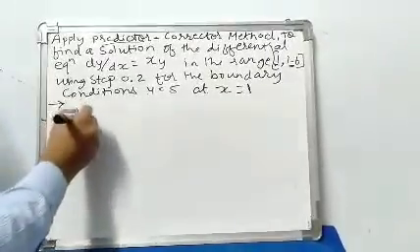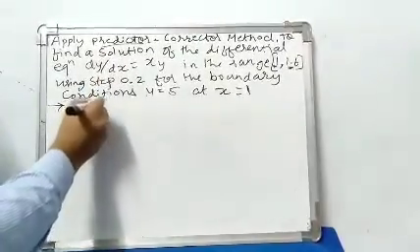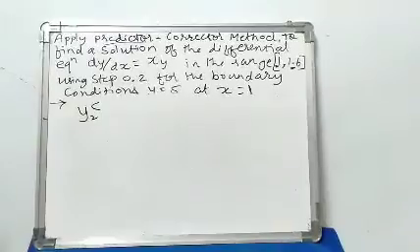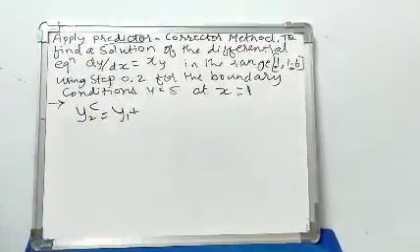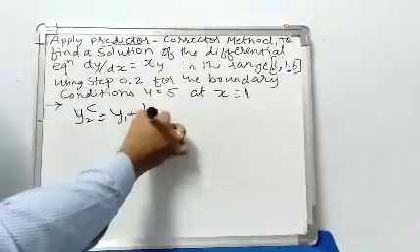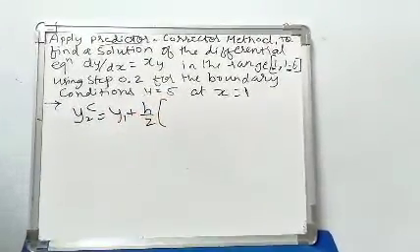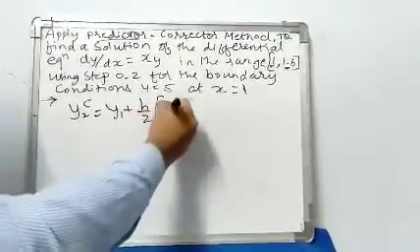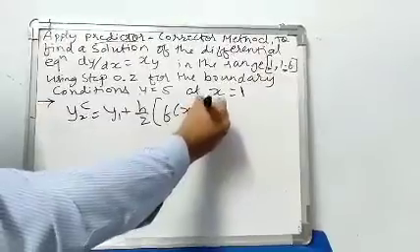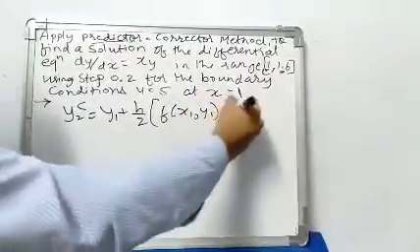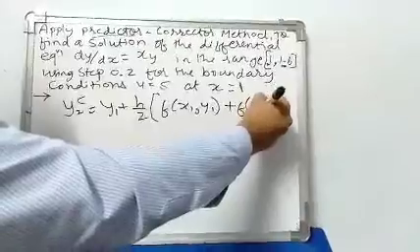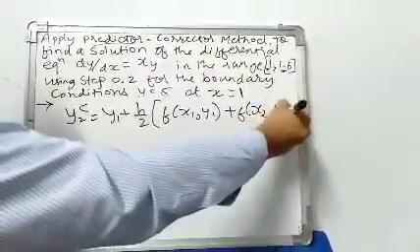So we need to apply the corrector method now. y2c is equal to y1 plus h by 2 times f of x1 comma y1 plus f of x2 comma y2p.